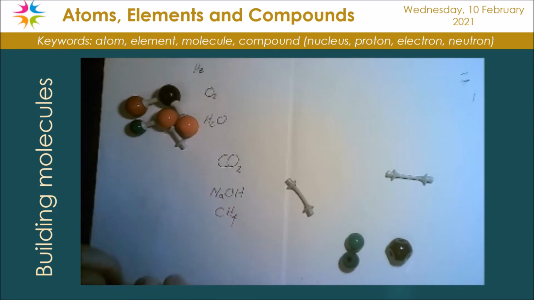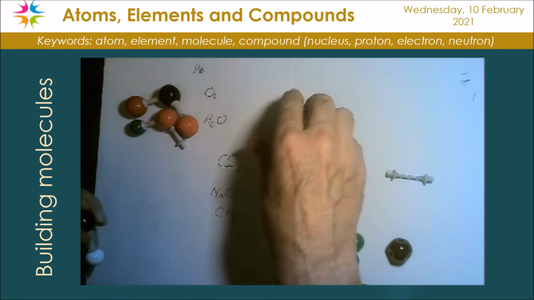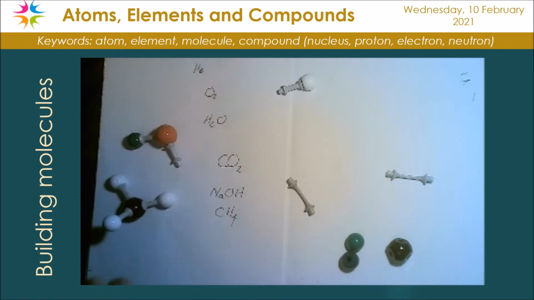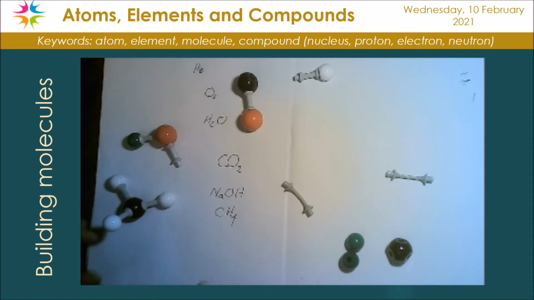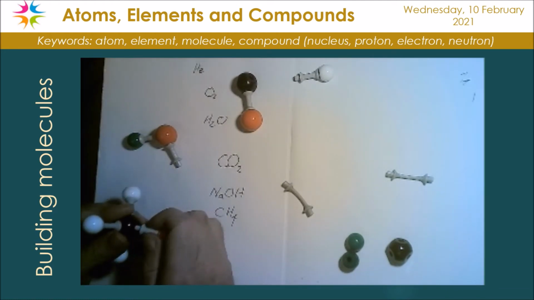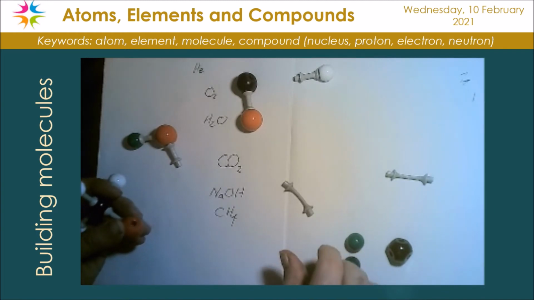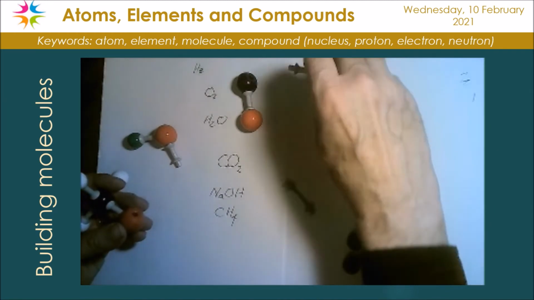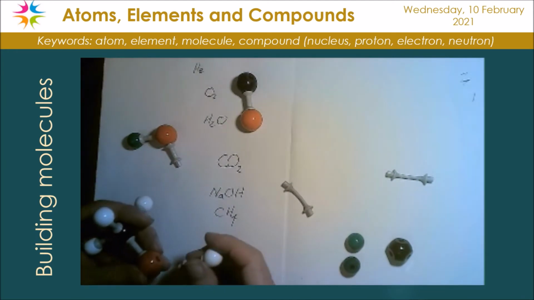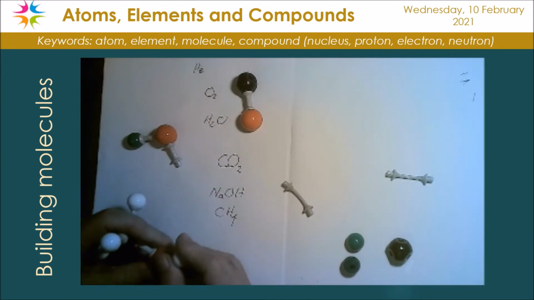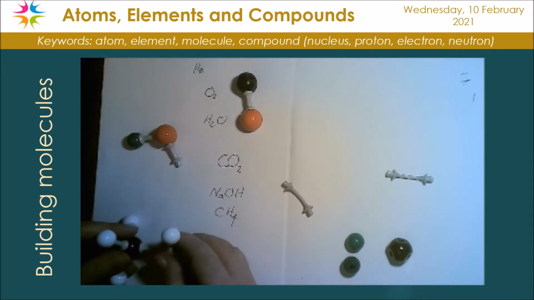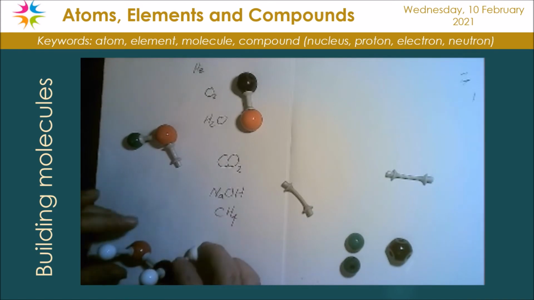Okay, I'm going to change one aspect of this molecule and turn it into methanol. Methanol, you can hear from the word, it sounds a bit like alcohol, but it's a different alcohol called methanol. So, just made a few little changes.